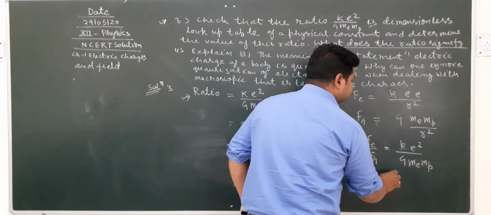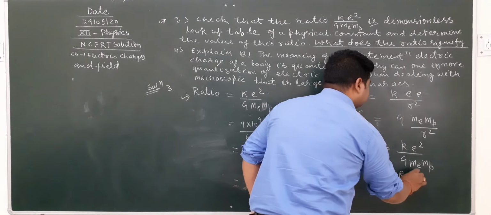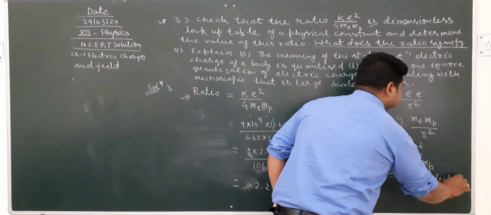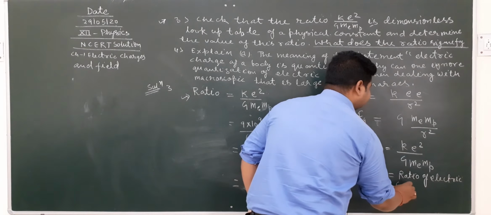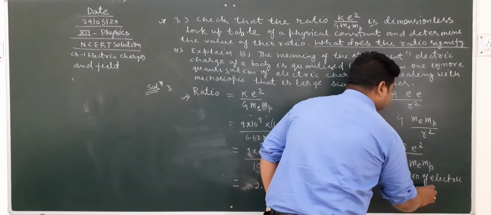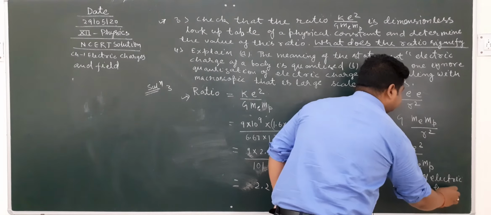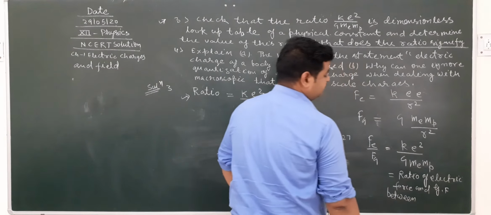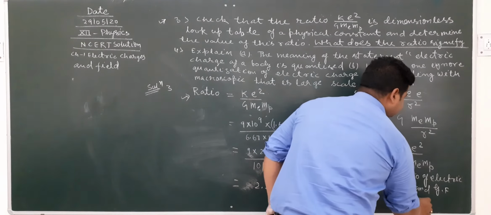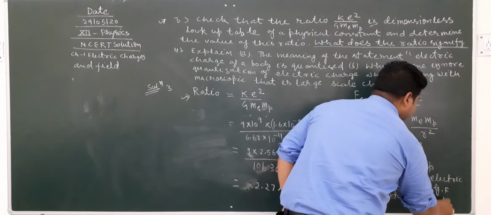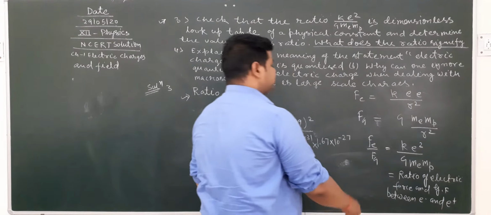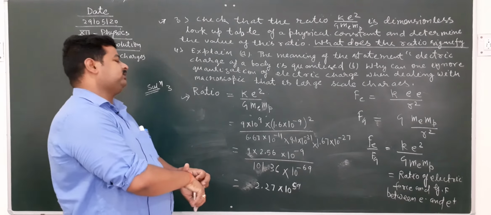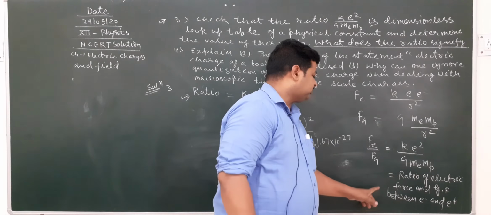So this is the ratio of electric force and gravitational force between the electron and proton.